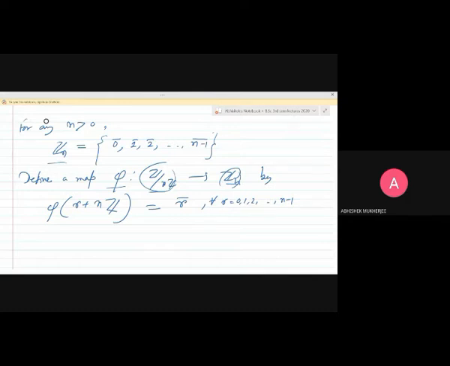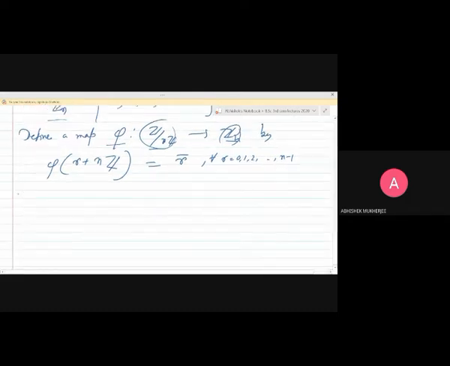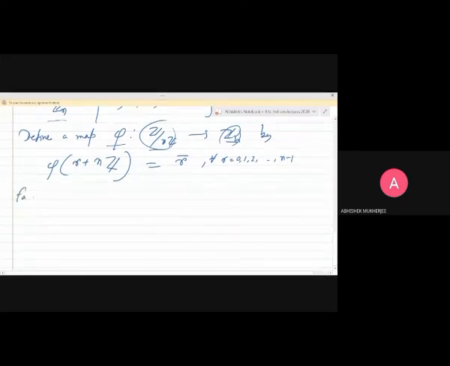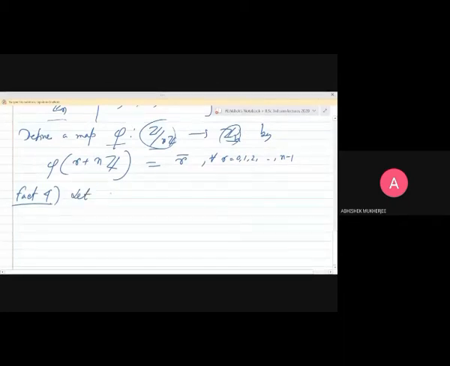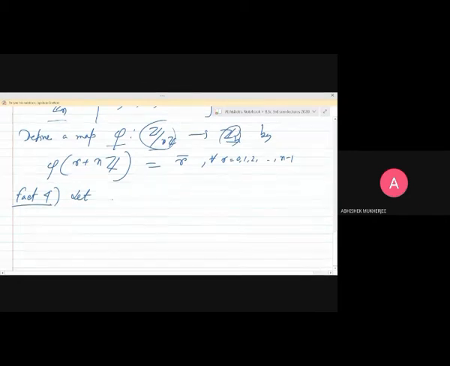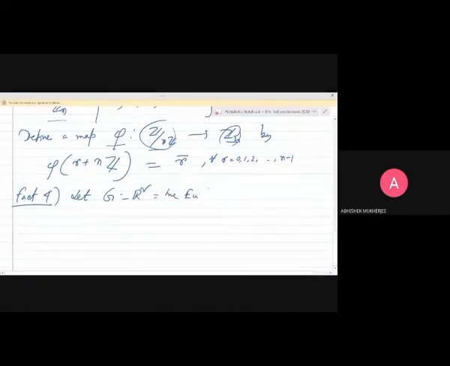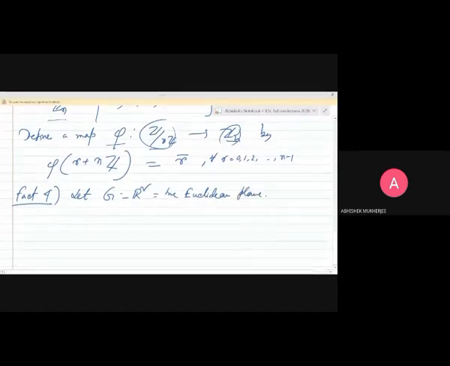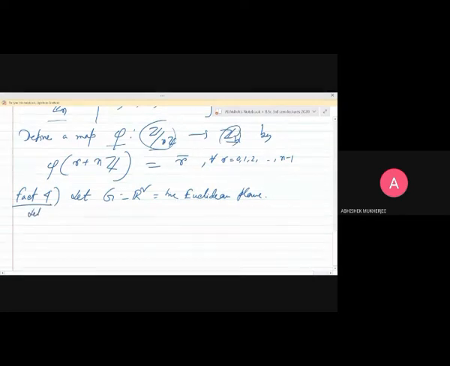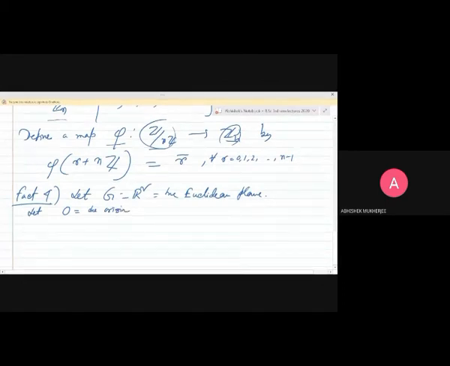Now in this way, let us take another example. Suppose G is R2, that is the Euclidean plane, and let O be the origin with respect to a given coordinate system.